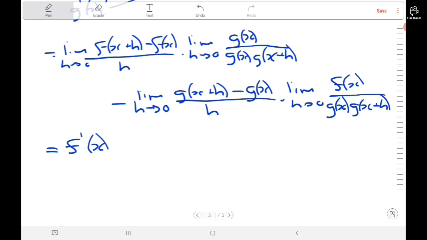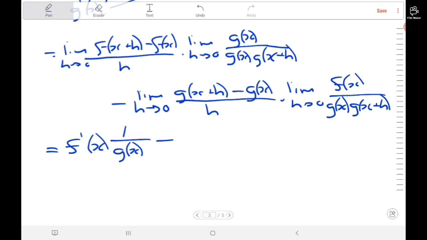Now, the limit as h goes to 0 of g of x divided by g of x times g of x plus h. Well, the g of x's cancel, and we're left with g of x plus h, which as h goes to 0 tends towards g of x. So we get 1 over g of x.